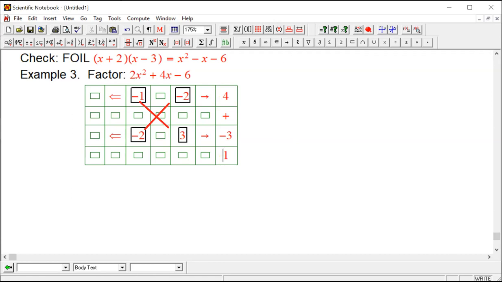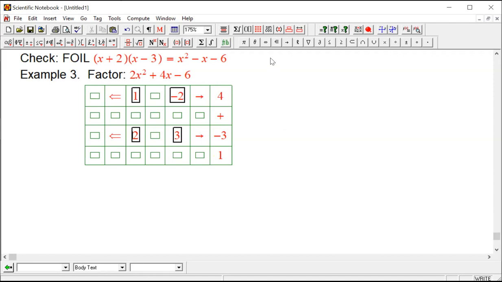So this is the trial and error that many of us will have to go through. Then you say, how many cases do I need to try? If you really want a systematic way, you would say, okay, 2 is equal to 1 times 2, which we have tried, and -1 times -2, which we have tried.